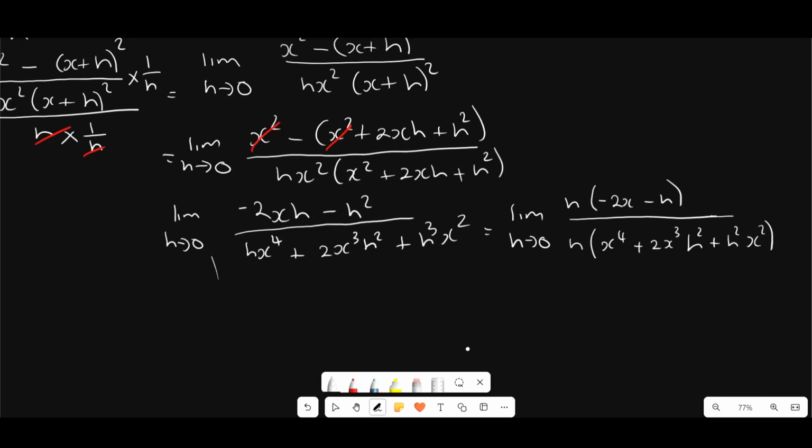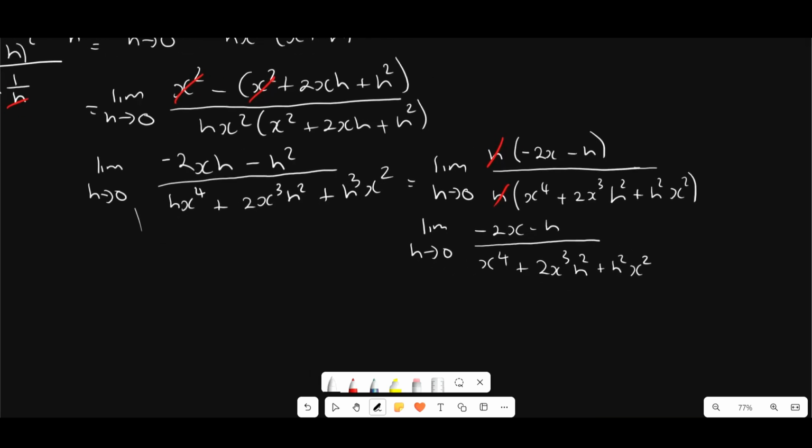You can see that these two h will cancel, and hence I'll have the limit as h approaches 0 of negative 2x minus h, all divided by x to the power 4 plus 2x cubed h plus h squared x squared.